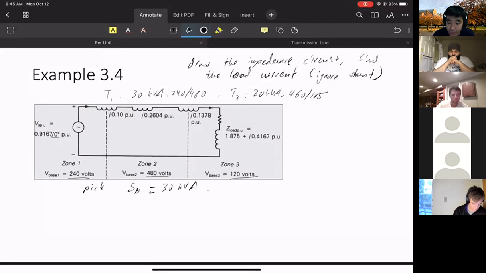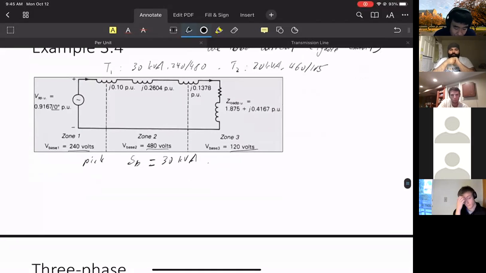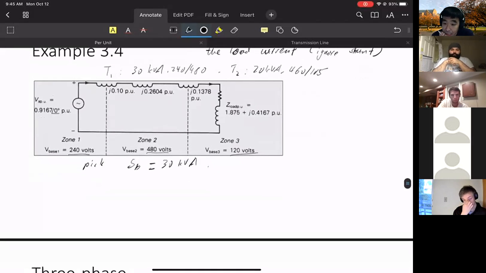Let's see how we can now draw everything. First we have to move across the transformer. So let's look at what happens to the base impedance when we move across the transformer.